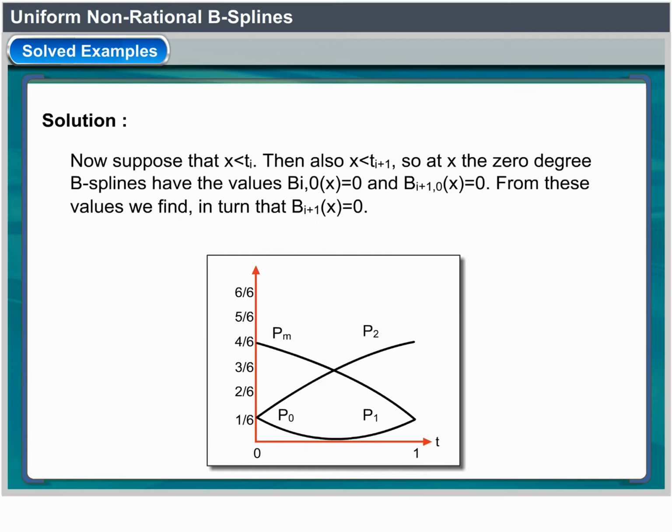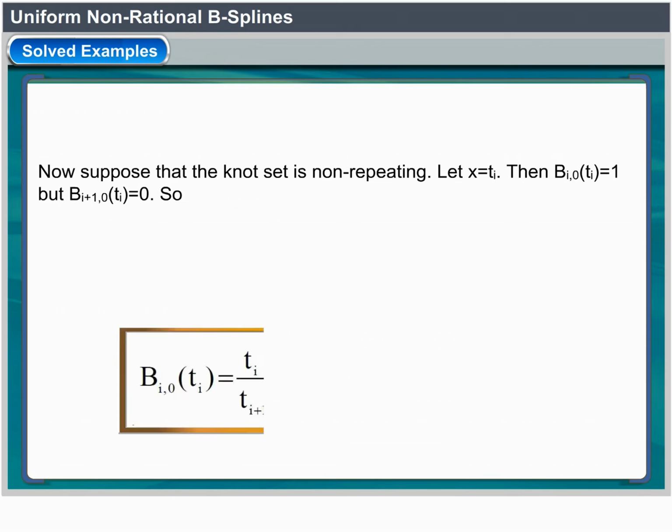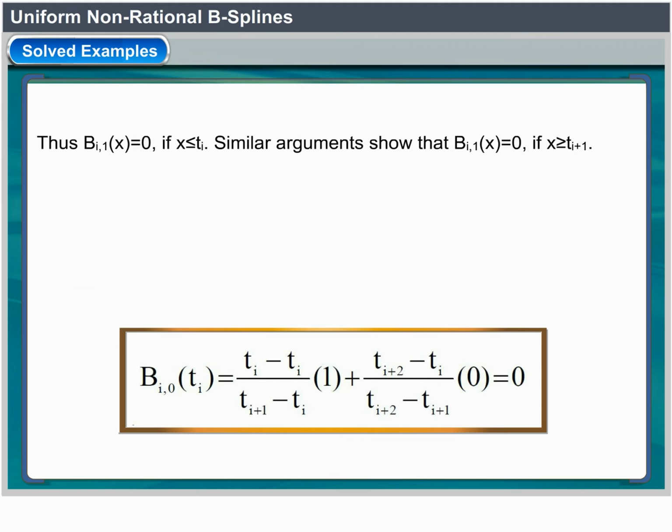Let x equal t_i. Then b_{i,0}(t_i) equals 1, but b_{i+1,0}(t_i) is equal to 0. So the below equation results. Thus b_{i,1}(x) equals 0 if x is less than or equal to t_i. Similar arguments show that b_{i,1}(x) equals 0 if x is greater than or equal to t_{i+1}.